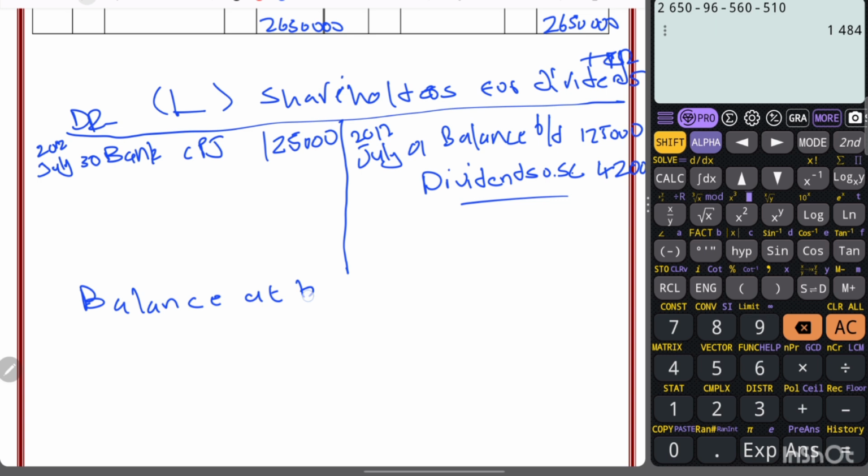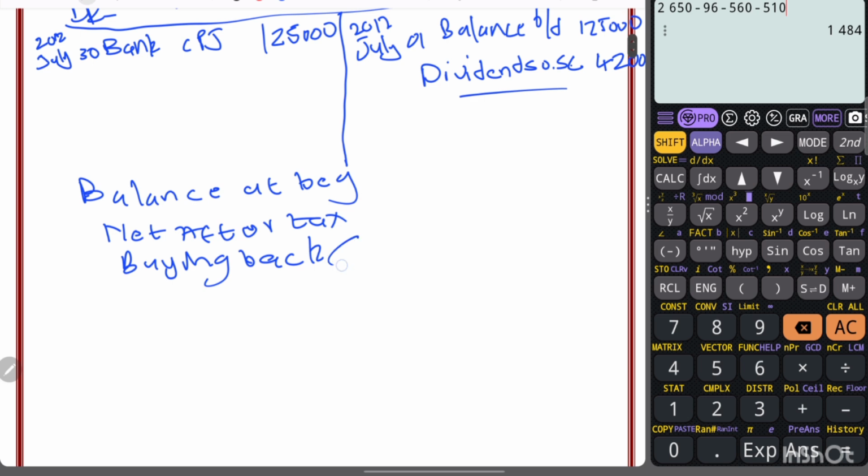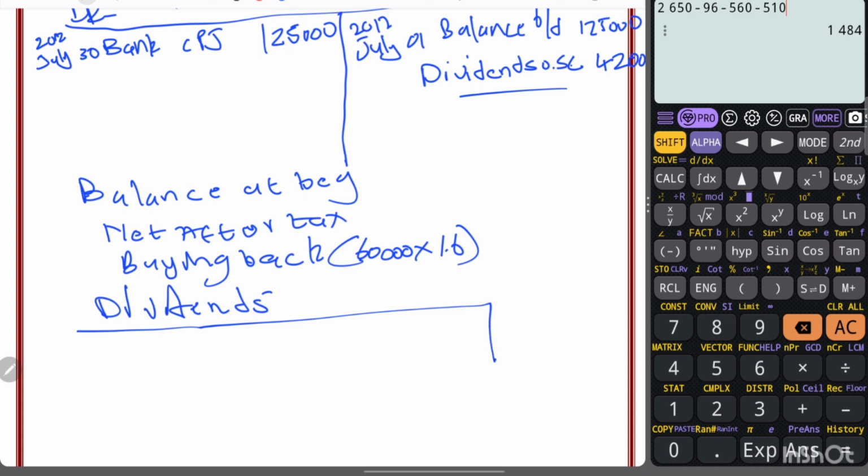Balance at the beginning, net profit after tax. It's gonna be buying back here. It's gonna be buying back, and remember our buying back is gonna be 60,000 multiplied by 1.6. Then here we're gonna have dividends.